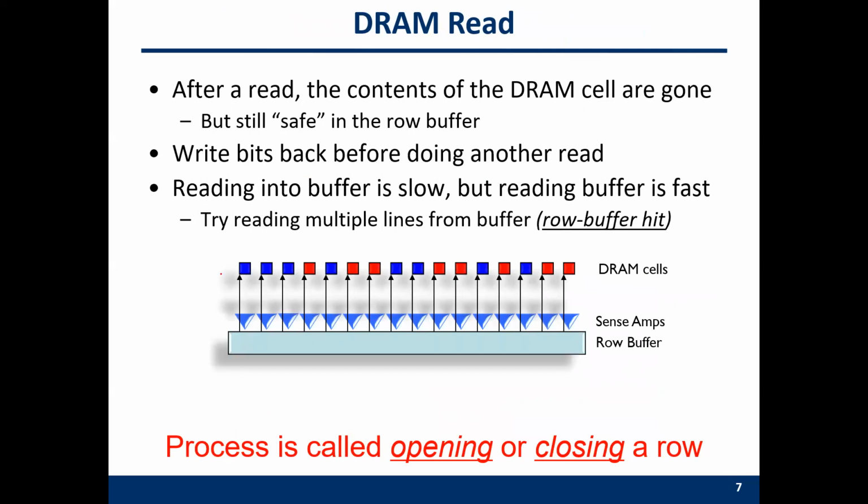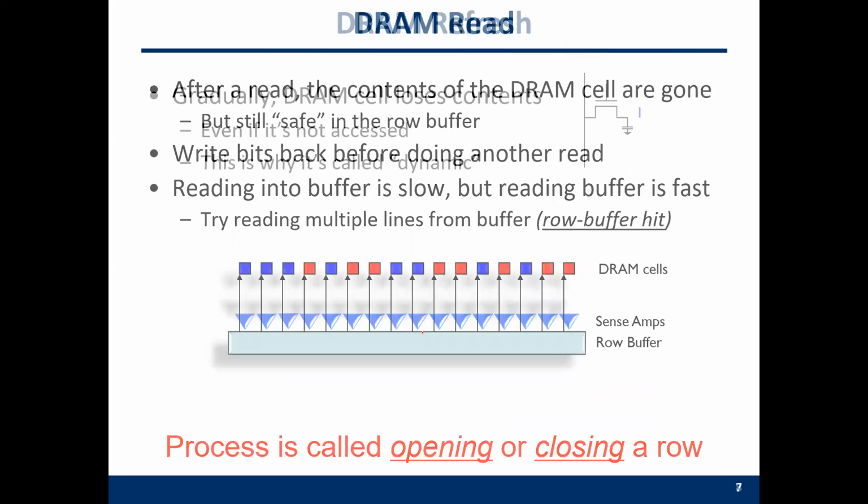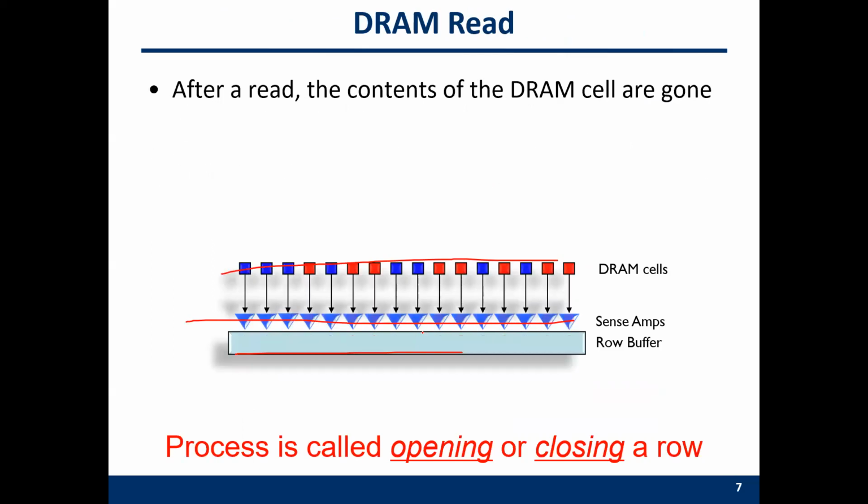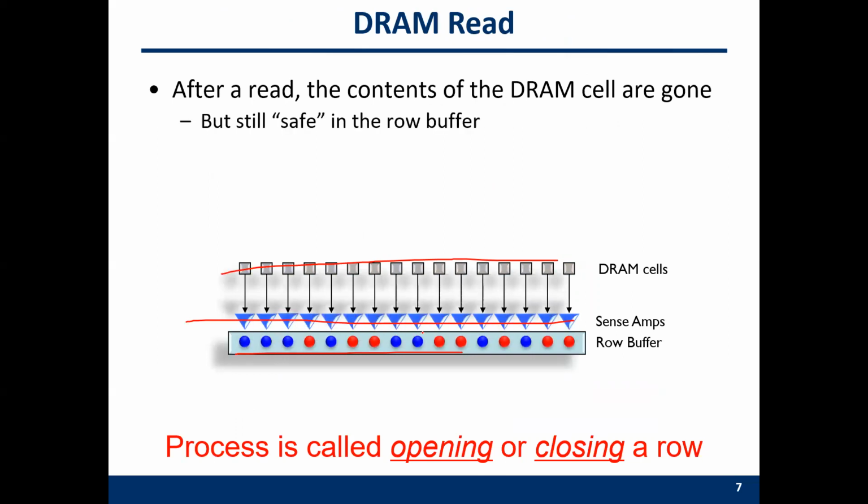This is your row, and this is your sense amplifier, and this is your row buffer. During one read operation, you read the data from the row to the sense amplifier, and then you write everything into the row buffer.